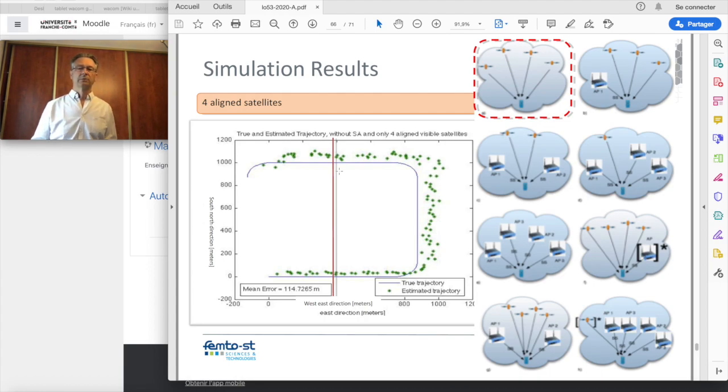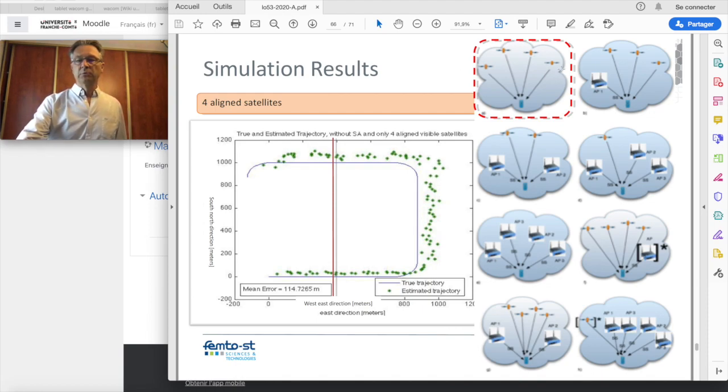When you are in such a configuration, you are going to have a good accuracy in the axis of the satellites, but in the perpendicular line, you are going to have less accuracy. So it's not the same level of accuracy.